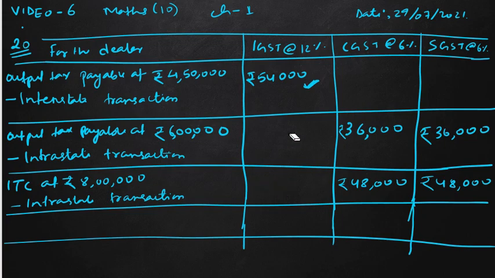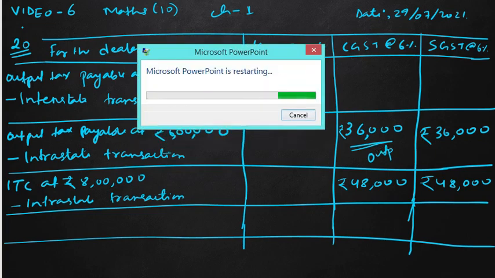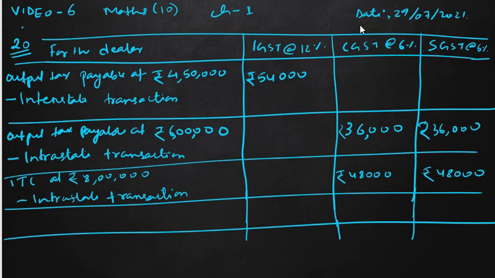But again if we see the CGST part, our output is 36,000, this is your output, and input he has 48,000. That means how much tax does he have to pay? SGST, your CGST, output minus input.